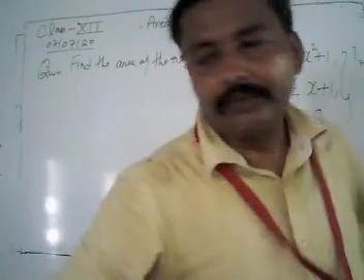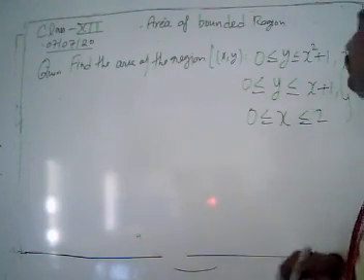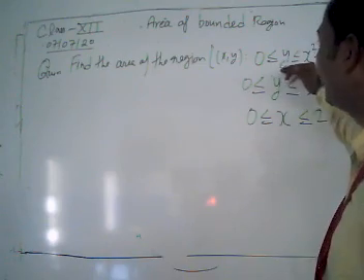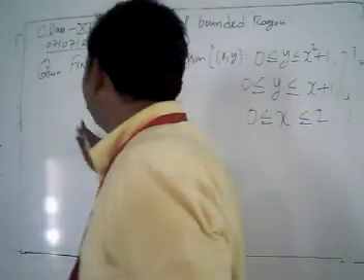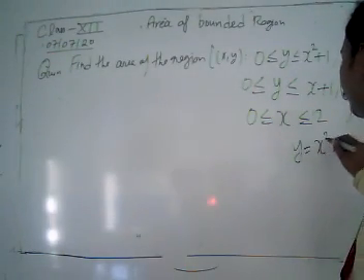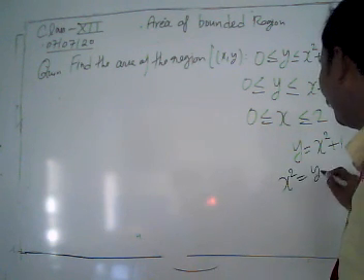Now from the given information, first of all we have to sketch the graph. Let us sketch the graph of y equals x square plus 1. Then we have x square equals y minus 1.